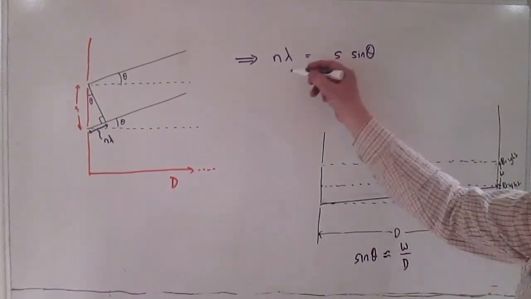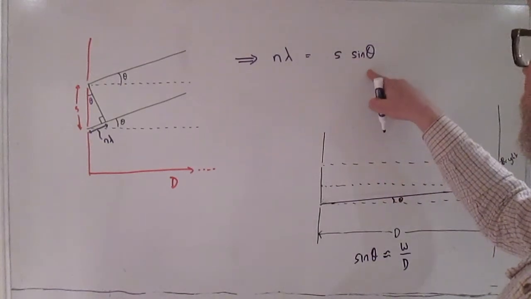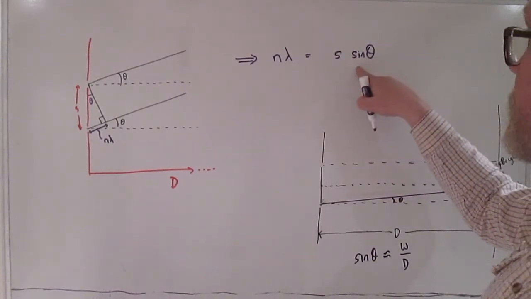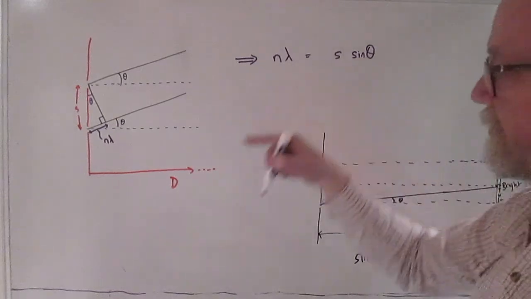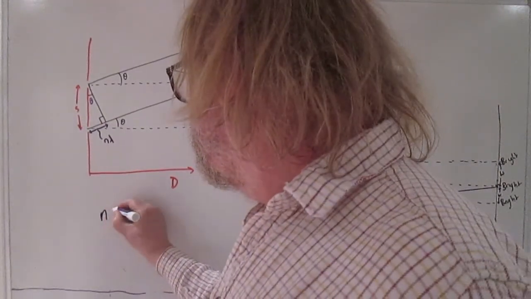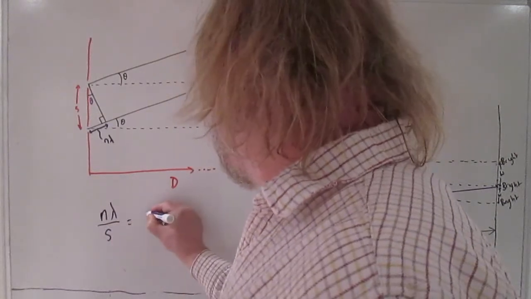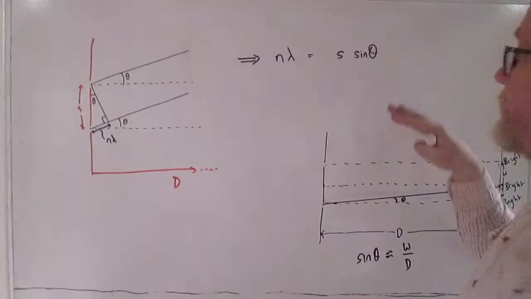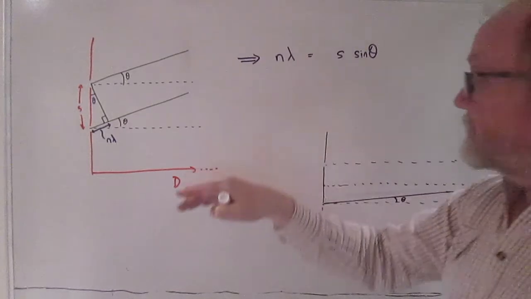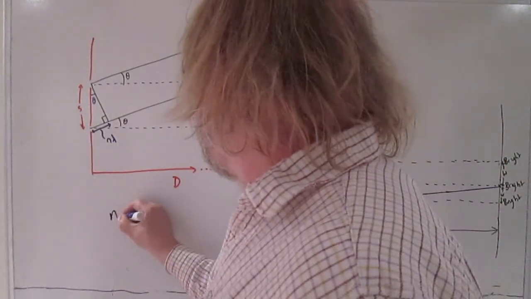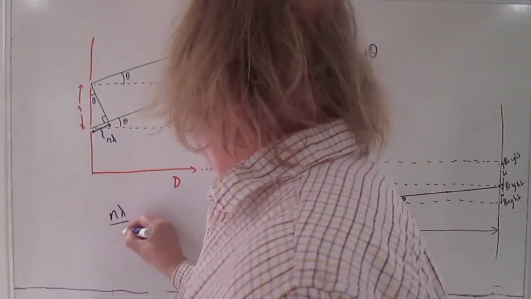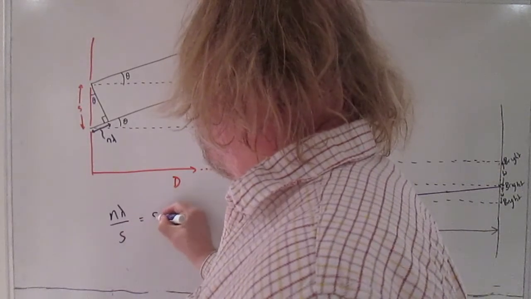So now we have two relationships involving sine theta. If we take this one and rearrange it to move the s over there, we get n lambda over s is equal to sine theta.